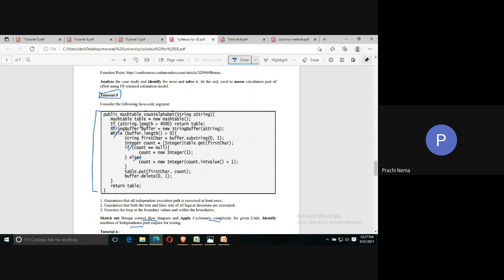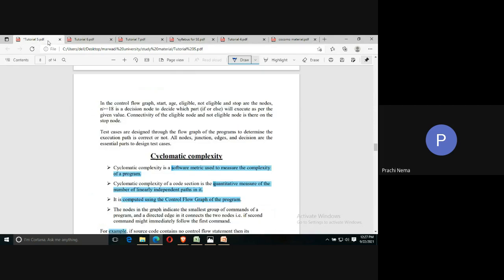So for this code, simply convert every line into a node, then decide what all paths can be there, and then combine all the nodes with directed edges. This is what you have to do.